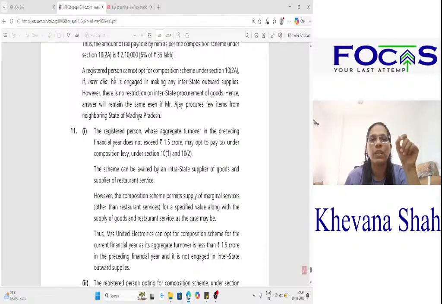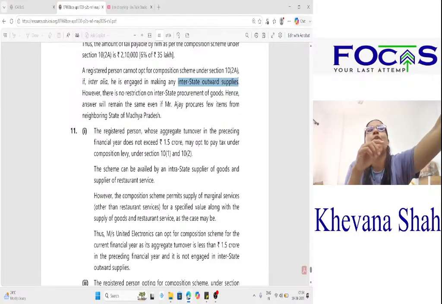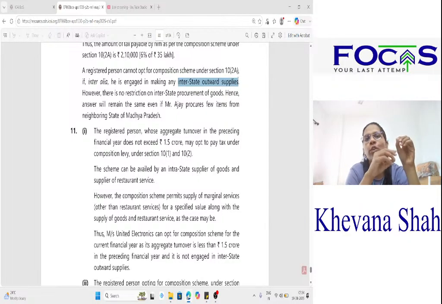A registered person cannot opt for the composition scheme under section 2A, 10(2)(a) if, inter alia, he is engaged in making any interstate outward supplies. Please highlight the words interstate outward supplies. However, there is no restriction on interstate procurement of goods. So if you are procuring goods, you can procure them from other states too.